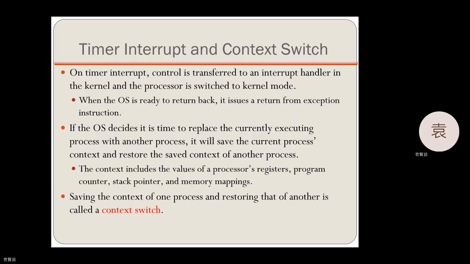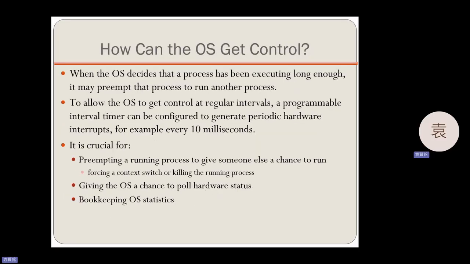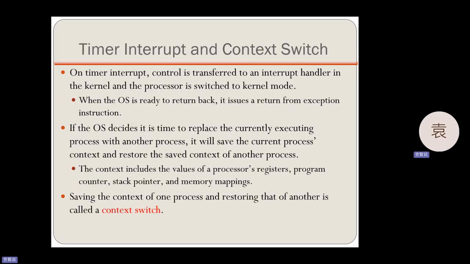The operating system then does something, for example these three things, depending on its current situation. After it finishes that operation, it issues a return from the interrupt back to the running process.